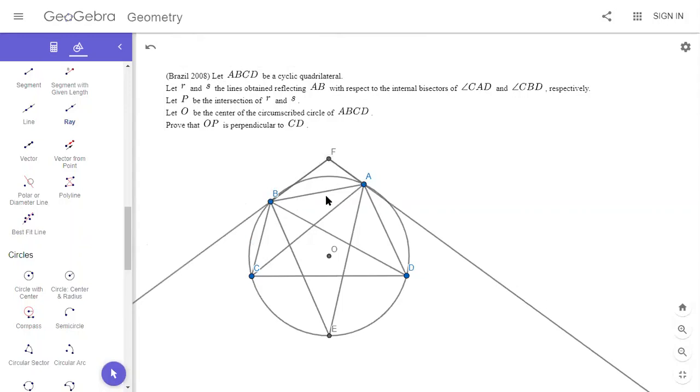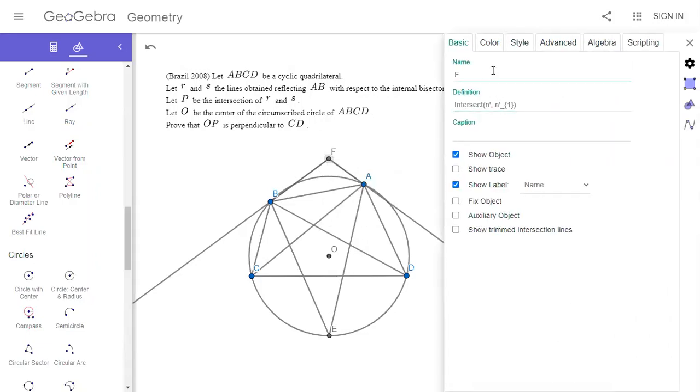So basically, this ray is the reflection of AB over this angle bisector, and this ray is the reflection of AB over this angle bisector, and they meet at P. We want to show OP is perpendicular to CD. Okay.